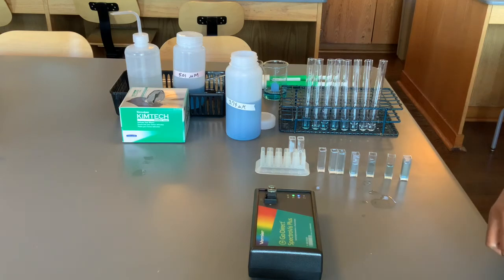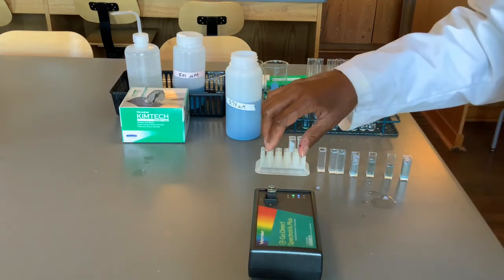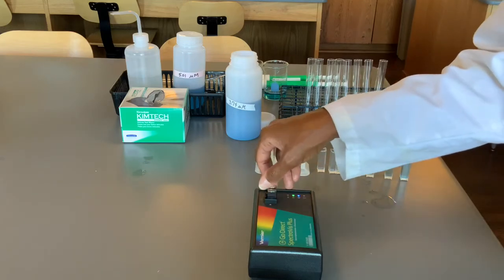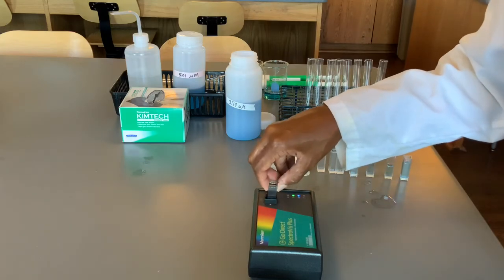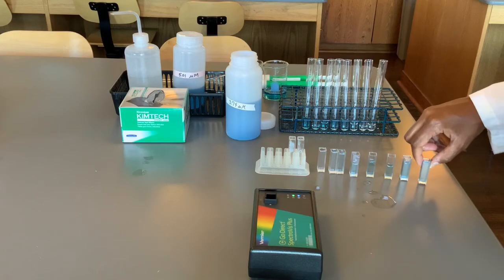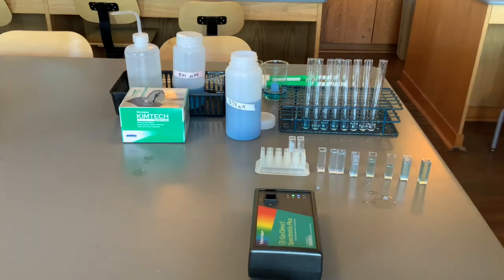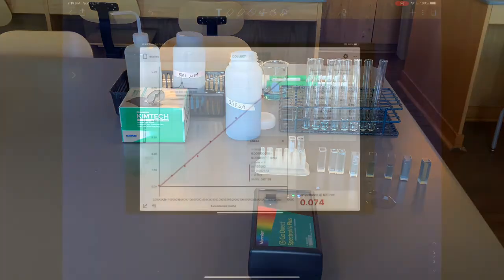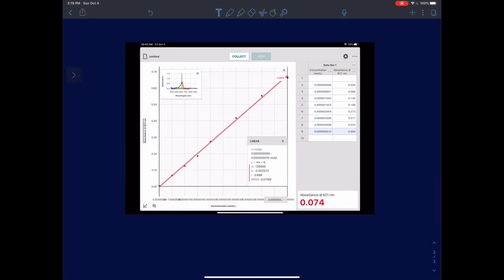Press done in your app and remove the cuvette with the full strength solution. Once you have collected data from all 8 of your known samples, use the software to add a linear trend line to your data points.